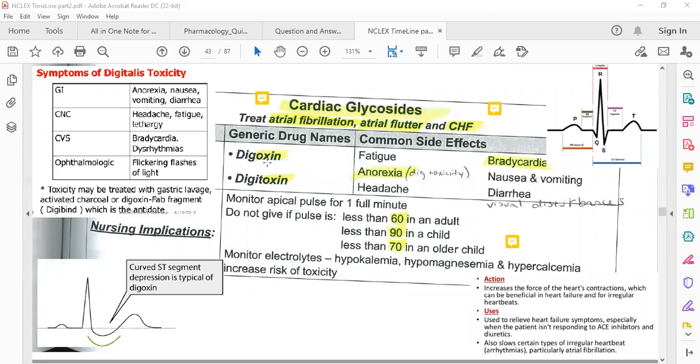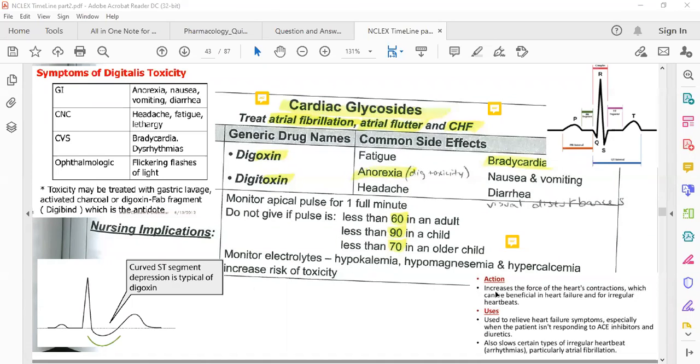The mechanism of action of digoxin, basically nobody really knows accurately how digoxin works. However, there are many theories.